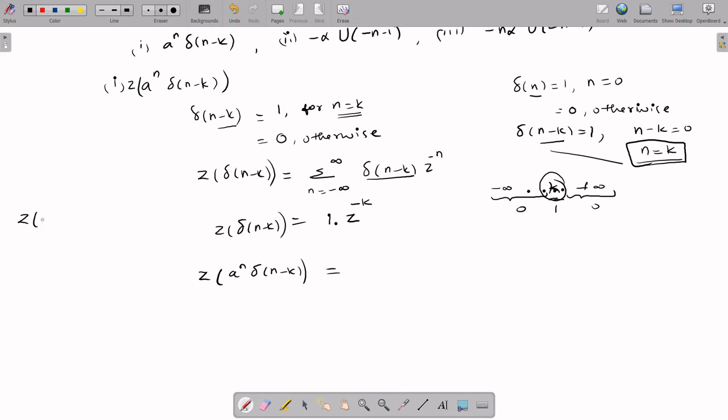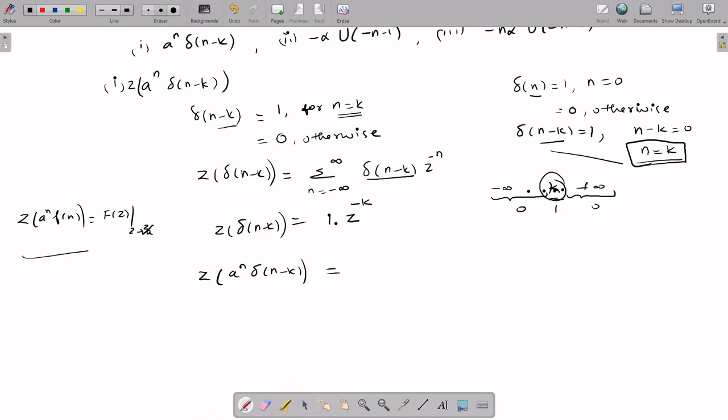We know the property: the z transform of a power n f of n is equal to capital F of z, as z tending to z by a. Here also we have to apply the same property.